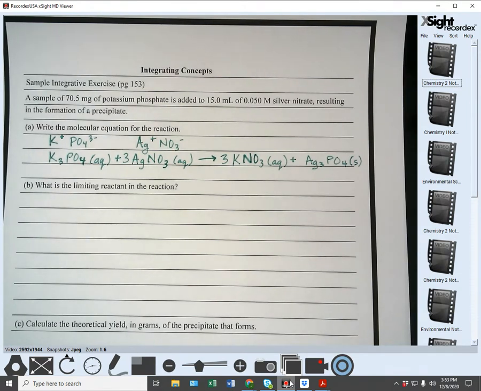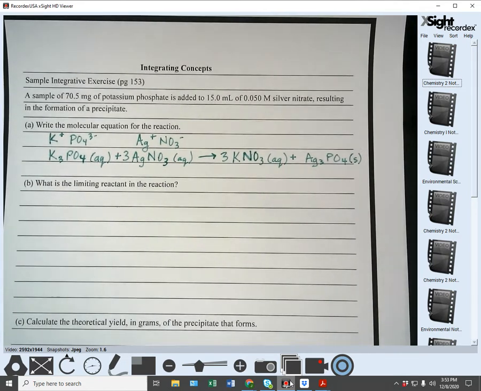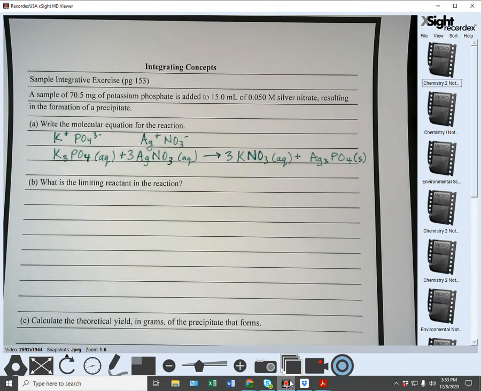All right, part B. What is the limiting reactant in the reaction? Okay, so limiting reactant. This goes all the way back to our BCA charts and that kind of stuff.